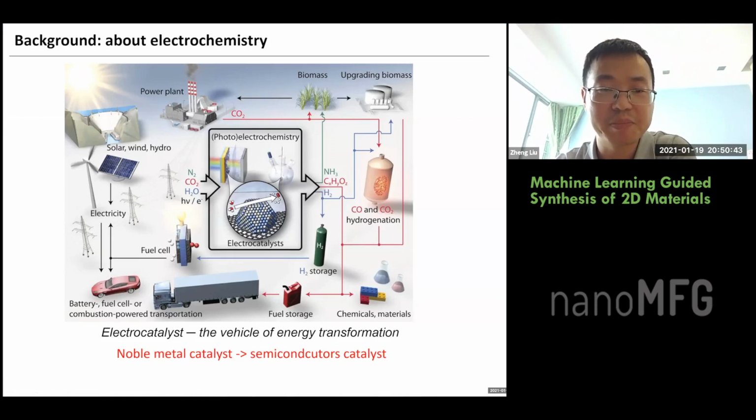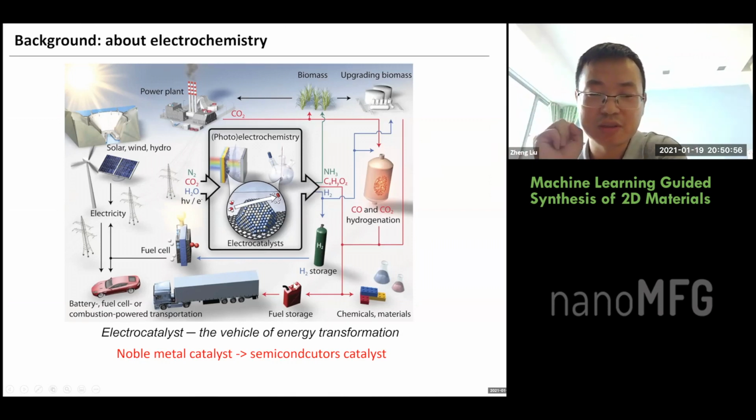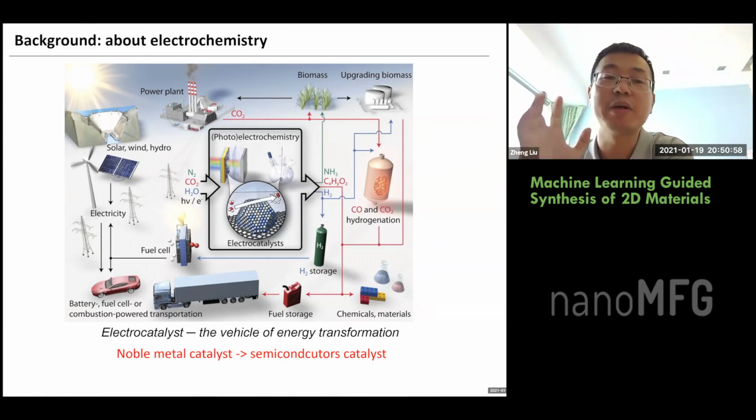It has been more than 100 years, right? It can be used for fuel cells, hydrogen, and many other products. However, the key materials in electrocatalysis are noble metals, right? Platinum, palladium, but unfortunately they're very, very expensive.